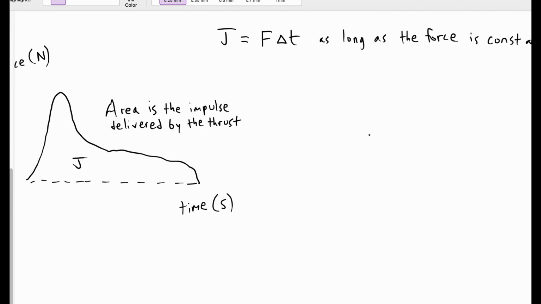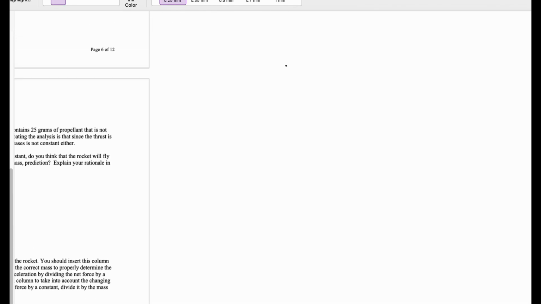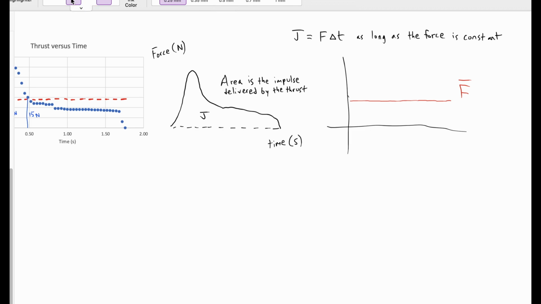And so what Newton would argue is that we could come up with a constant force where if it held that particular force, like an average force, for a certain time, t total, then that area could potentially be the same as the curved one.